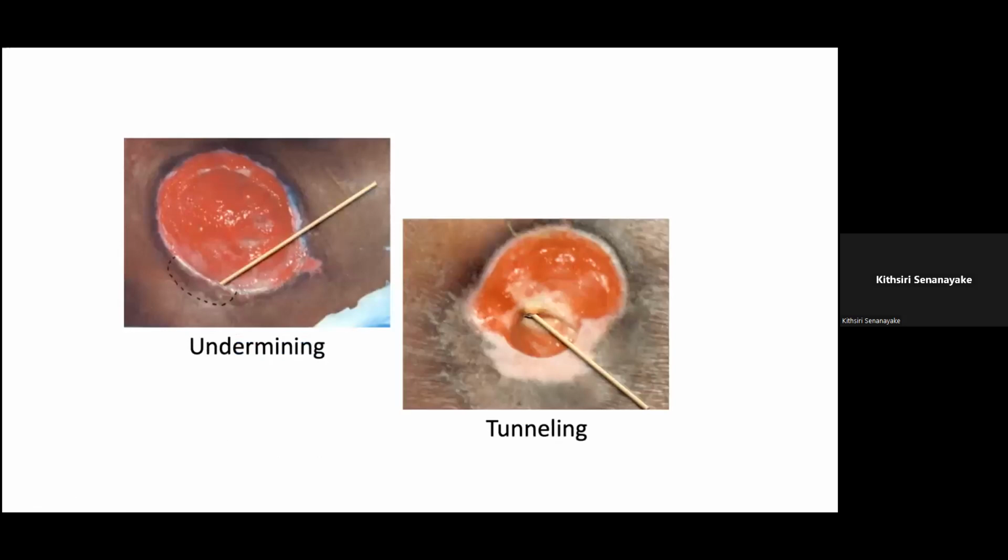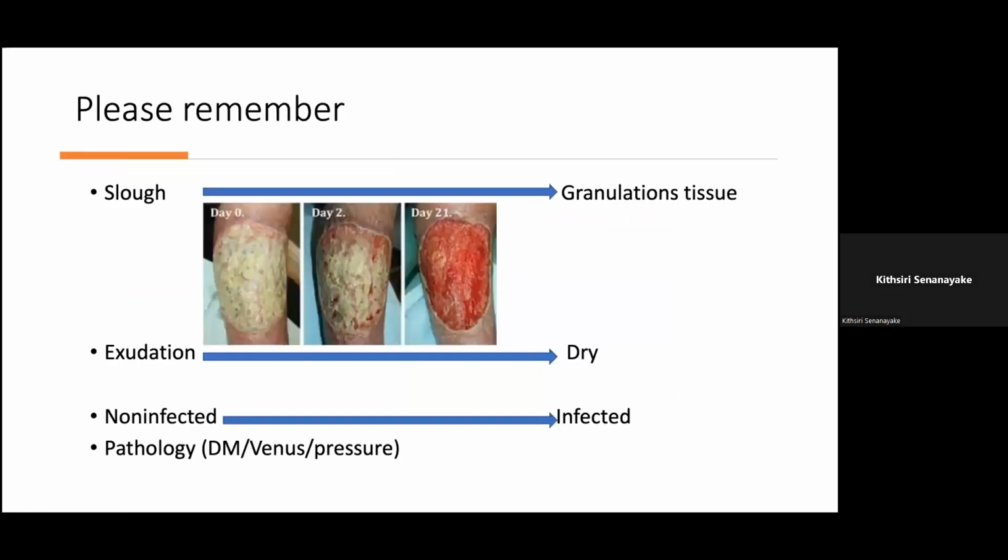So in my practice, I forget all these things and remember this when I see a wound. When I see a wound, please remember to think about these 4 aspects, right? As you all know, a wound may be sloughy, or it can go through the process of healing and finally come to the place where we want it, the granulation tissue.